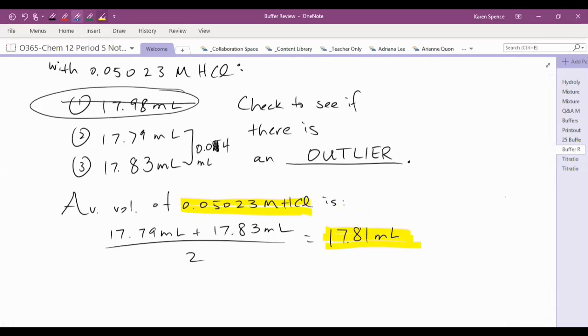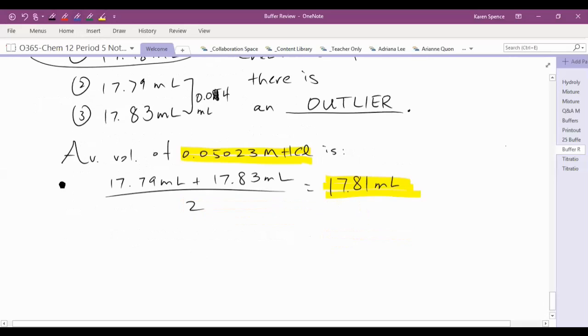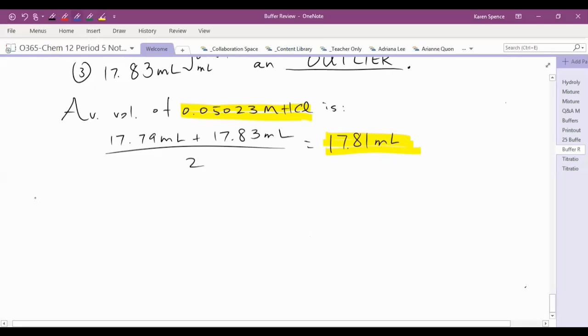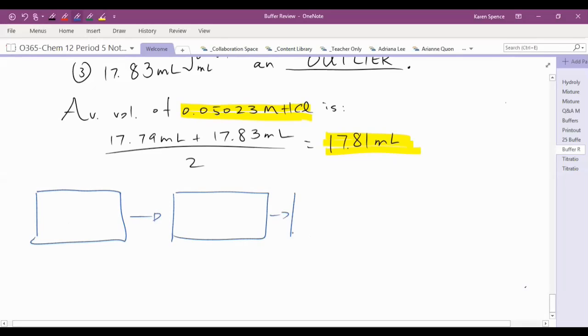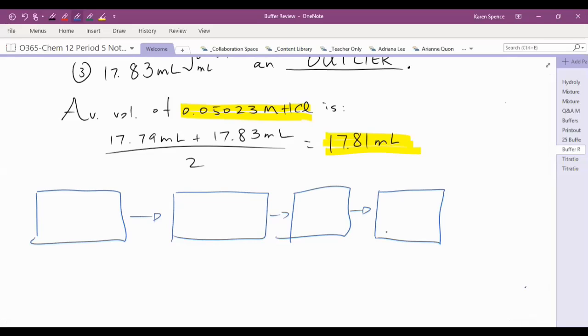And because this is a titration, we're going to follow that little 4-box step process. I'm going to run out of room here. There we go. So what goes in that first box? First of all, is it the known or the unknown that goes in the first box?